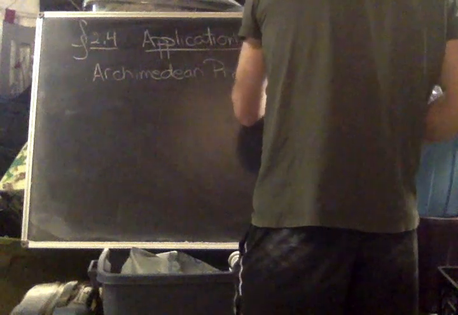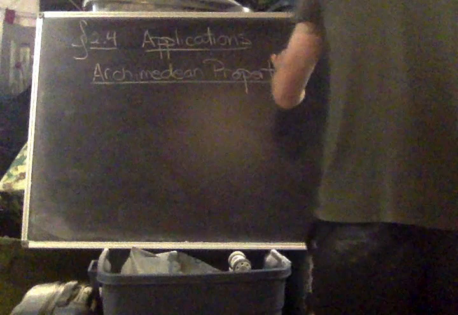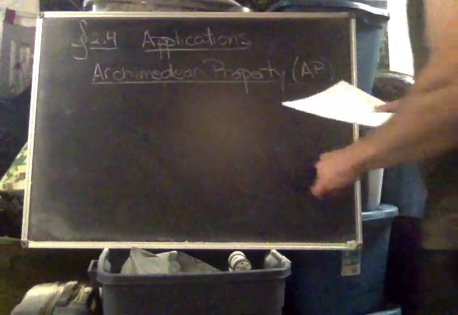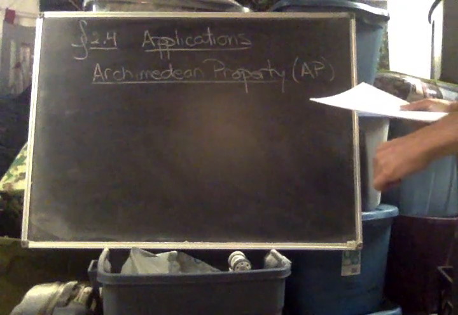So the first one is the so-called Archimedean property, which we have typically abbreviated by AP, not to be confused with the Associated Press.